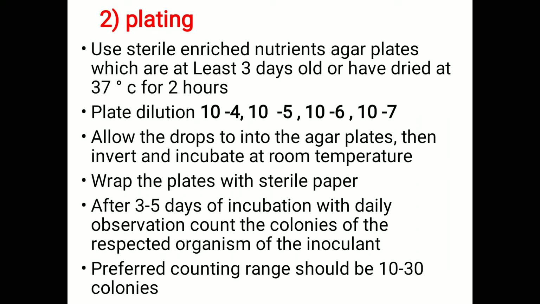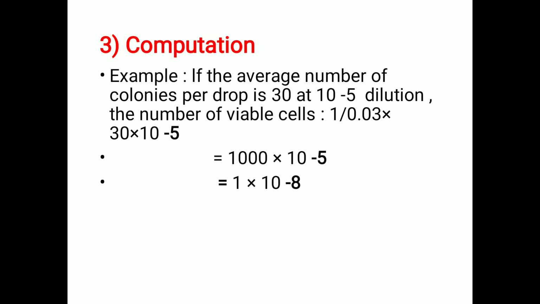Then wrap the petri dish with wrapping paper or sterile paper. After 3 to 5 days of incubation with daily observation, we count the colonies of the inoculants. The preferred counting range is 10 to 30 colonies. Then we calculate the microbial count of the inoculants with the help of the given formula.